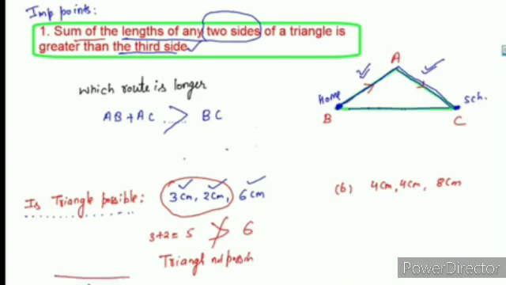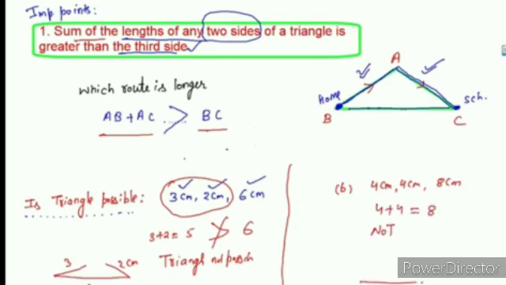Understand? For example, draw 6 centimeter, 3 and 2 centimeter. If we draw two sides, these two sides do not meet. It is not a closed figure, so these measures are not possible. Similarly, another example: we have two measures 4 centimeter and 4 centimeter, and the third measure is 8 centimeter. If you add the two sides' measures, you will get 8. That 8 is equal to the third side measure 8.